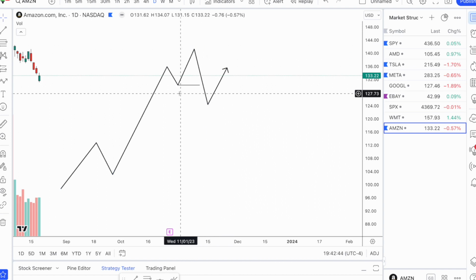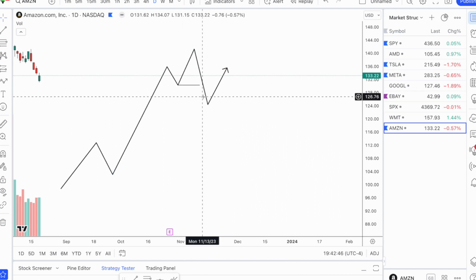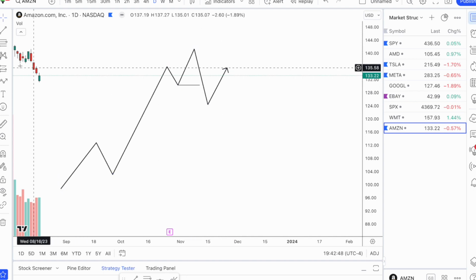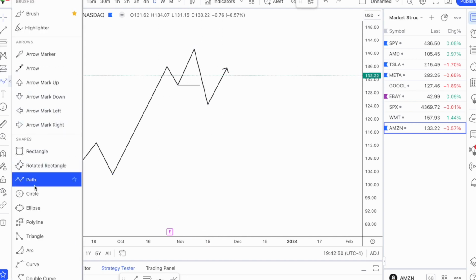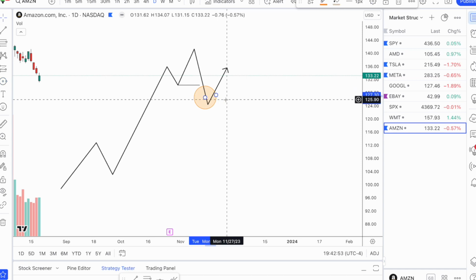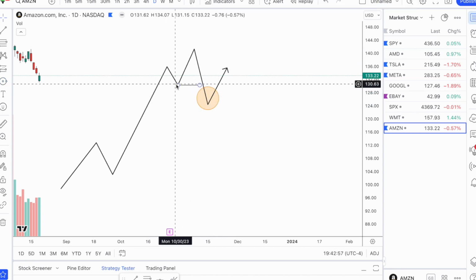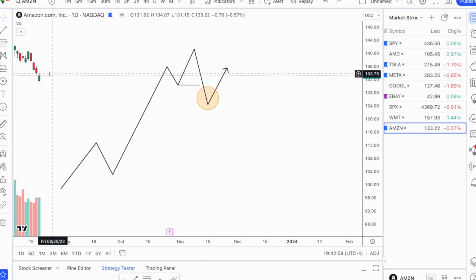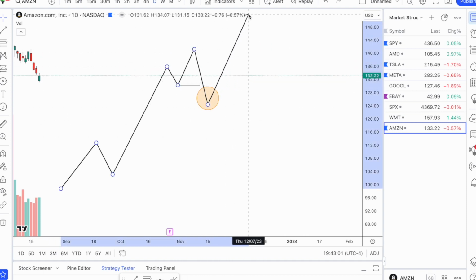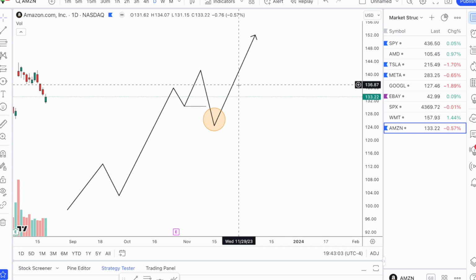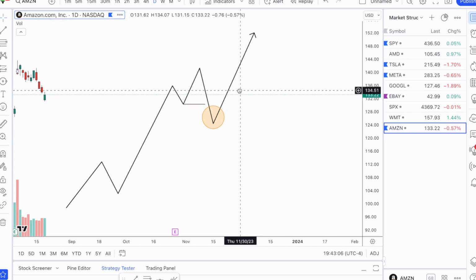Okay, we have a sharp move lower, we break that low, and we start to say we're in a downtrend. This is the trap. This is what we call a bear trap, right there. A bunch of people see this break and they're like, hey, I want to get short. They wait for a pullback, expecting another move lower, and price goes higher. This is a very common pattern that you see all the time.